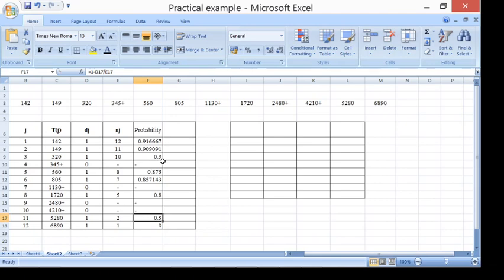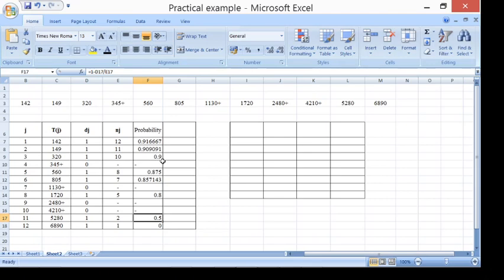I will repeat again, it is not the probability of surviving beyond time point 560. It is not the probability that your survival time will be greater than 560. It is the probability that your survival time will be greater than 560 given you were alive at time point 560 minus, that is just prior to the 560.